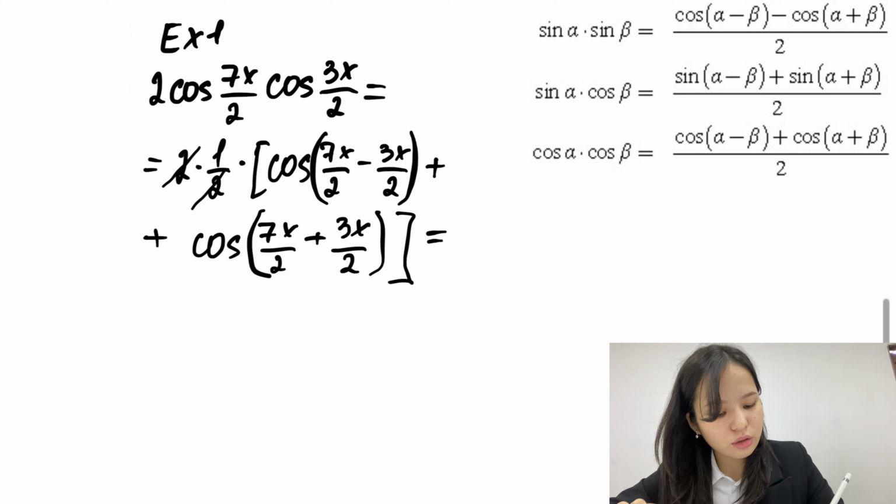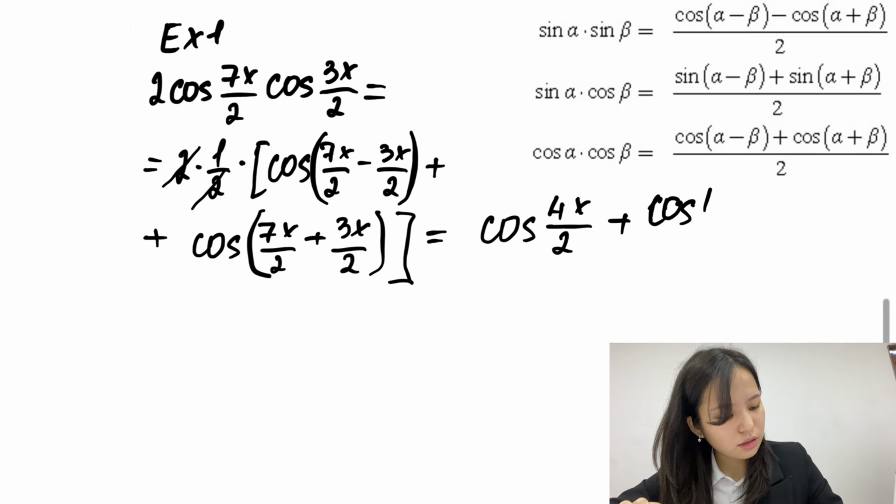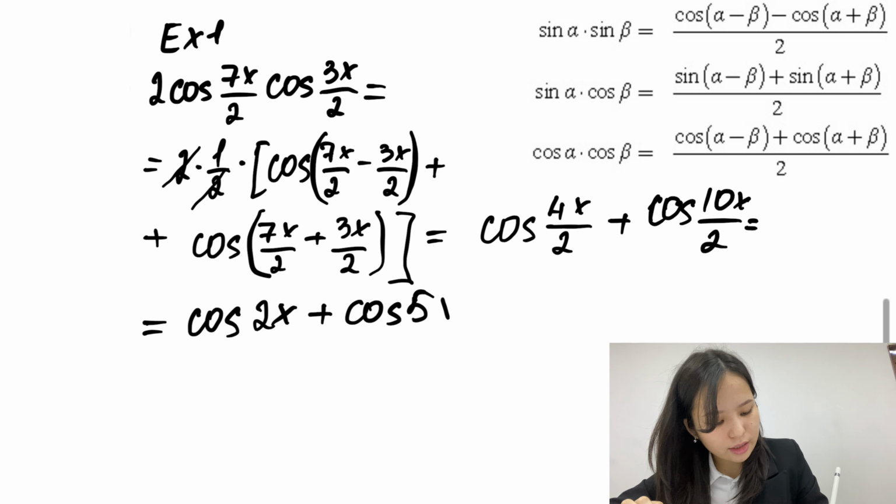Cosine 7x over 2 minus 3x over 2 is equal to cosine 4x over 2, plus 7x over 2 plus 3x over 2 is equal to 10x over 2, cosine 10x over 2. It's equal to cosine 2x plus cosine 5x.